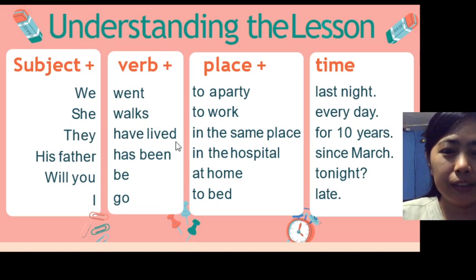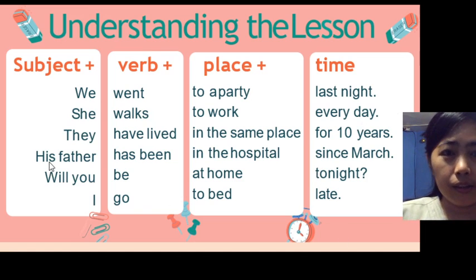They have lived in the same place for 10 years. So have lived, verb, in the same place, of course no exact or specific place, for 10 years. So you don't say they have lived for 10 years in the same place. Again, it's always place first before the time. Time is always found at the end.